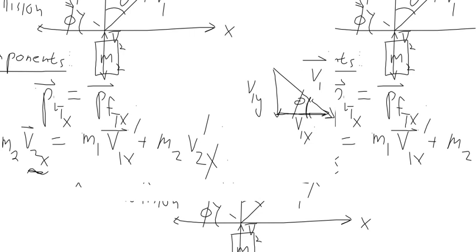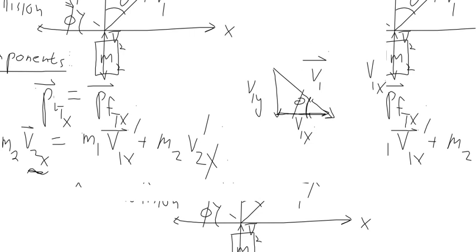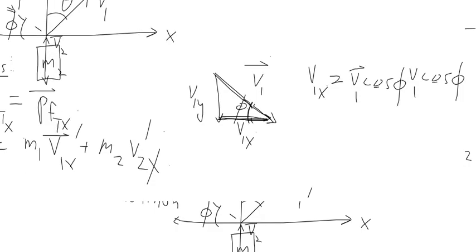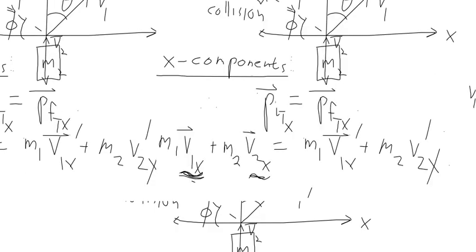So v1x is equal to v1 cosine phi, because cosine is defined as the adjacent side, or the adjacent velocity component, over the hypotenuse, which is v1. Now that I have this, I will substitute it into my momentum equation for v1x. Do the same thing for v2x.